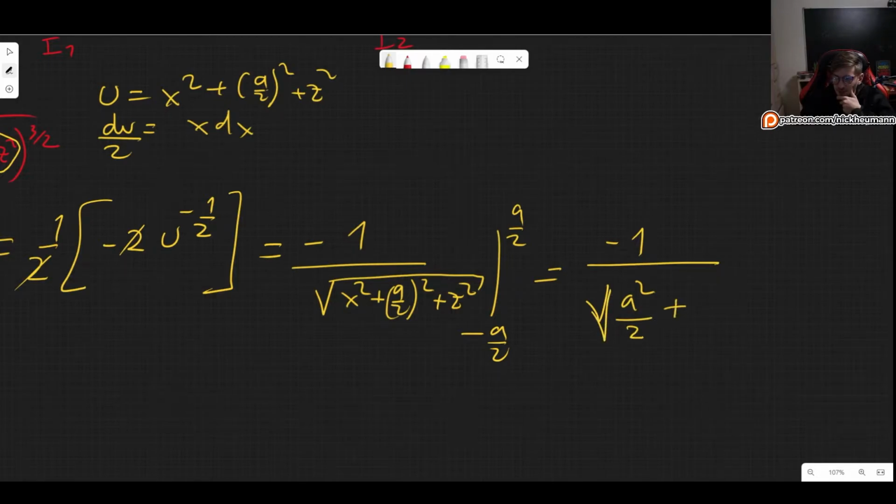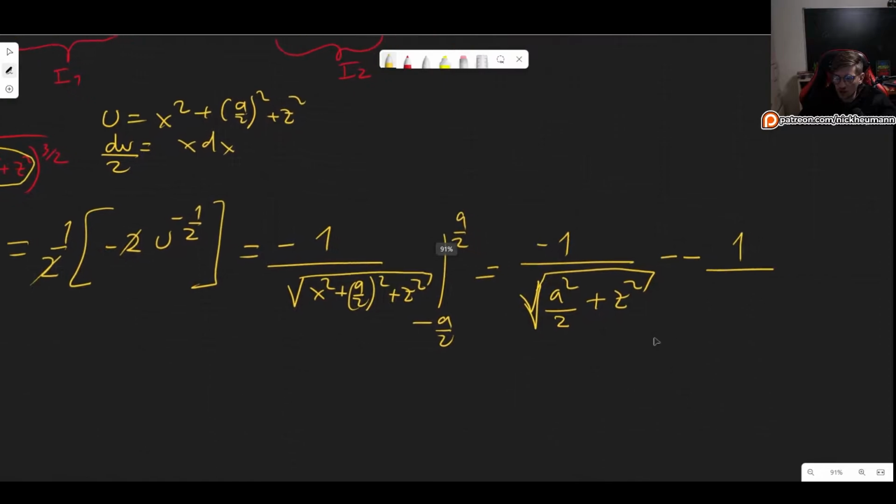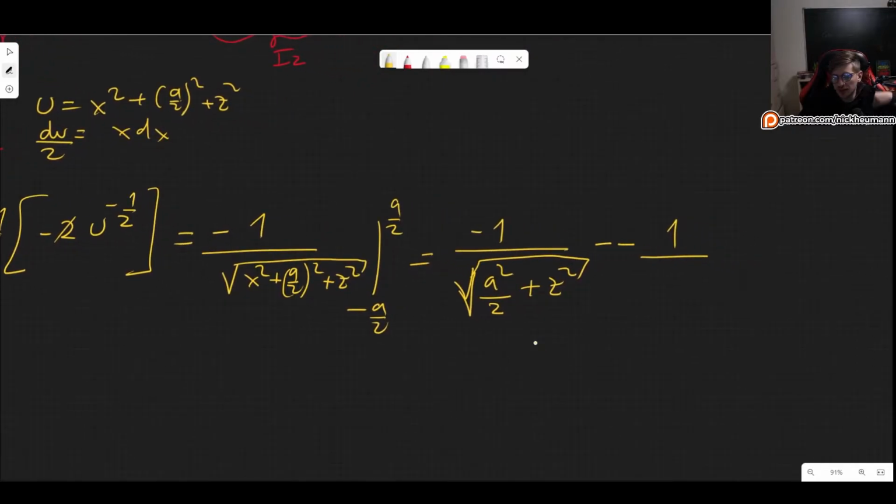And then we have plus z squared. And then we have minus, right? 1 from here. I mean, 1 that was already there, and 1 from evaluating at minus a over 2. So then you have 1 over, and now we plug in minus a over 2. But since it's squared, the minus cancels out, and we get the exact same thing. So we get a squared over 2 plus z squared, and this becomes positive.